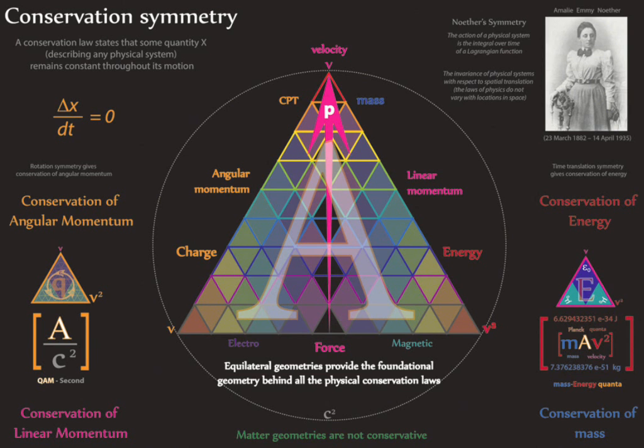Again, looking closely at the quantized angular momentum, or the equilateral geometry, we can see that not only is it responsible for charge, it also is the basis for the conservation laws expressed by Emily Noether. She expressed them mathematically. Tetrionics draws them geometrically.